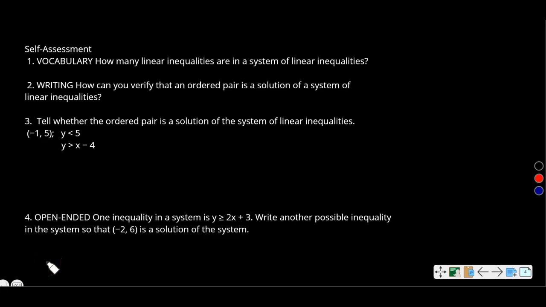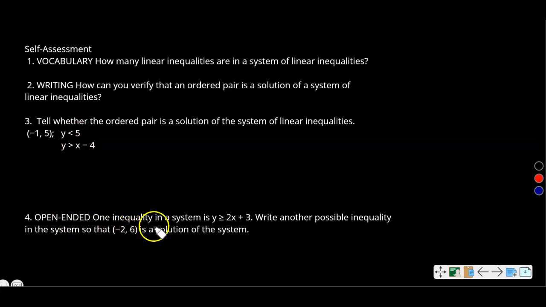Self-assessment. All right, I want you guys to look at these questions and then see if you can answer these on your own. So number 1, how many linear inequalities are in a system of linear inequalities? Number 2, how can you verify that an ordered pair is a solution of a system of linear inequalities? Number 3, tell whether the ordered pair is a solution of the system of linear inequalities. This is like what we just did in example 1.